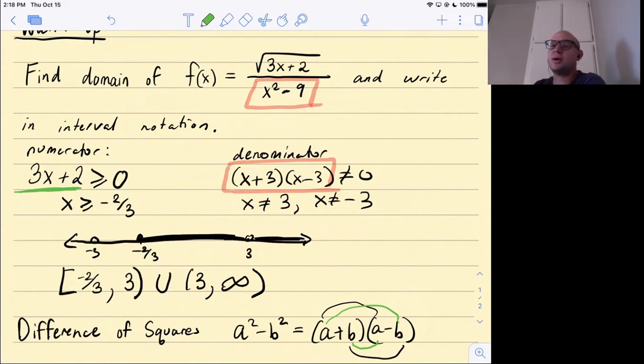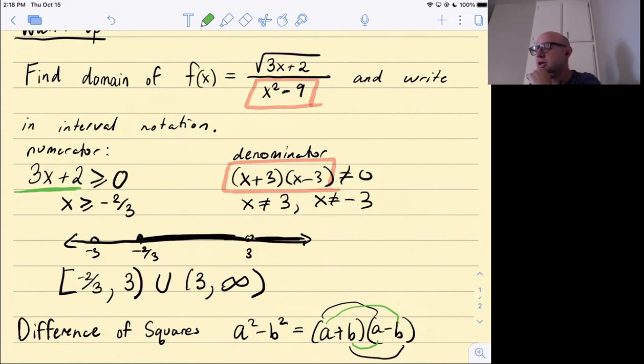So there's no x value that's ever going to make it 0, because you're squaring a number and adding a 9. It could only be 0 if x is a non-real number, which we haven't talked about yet.